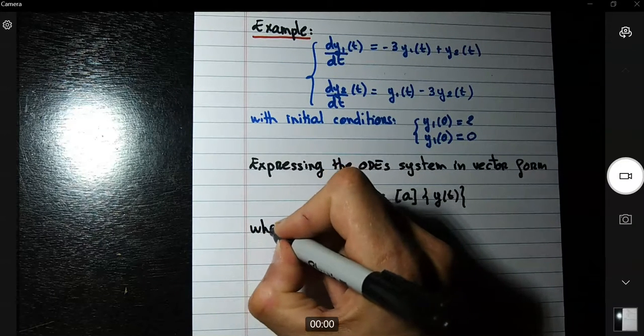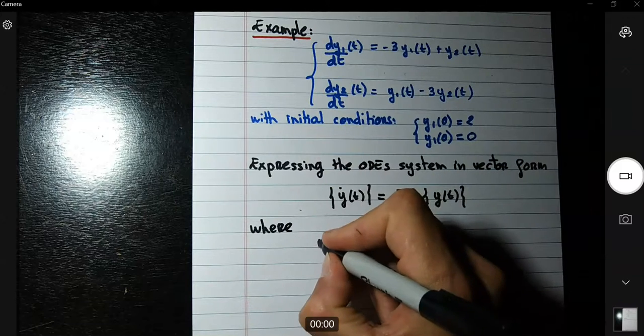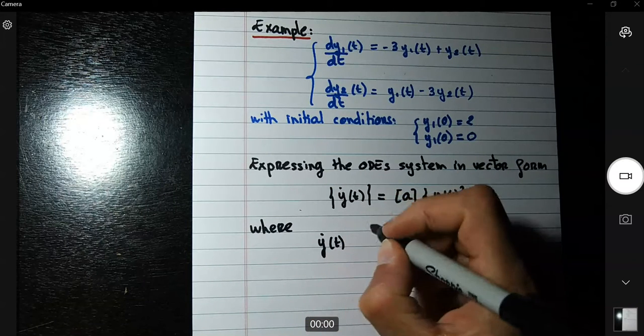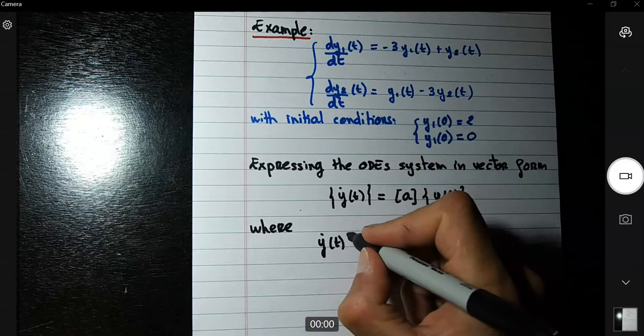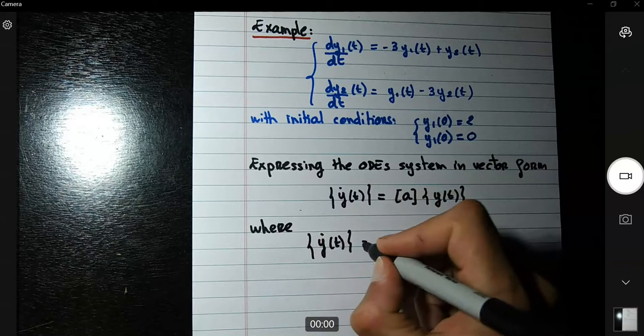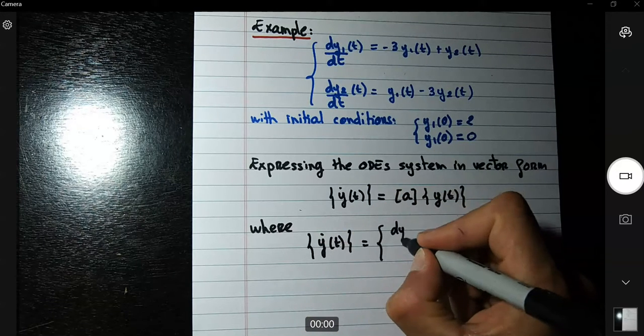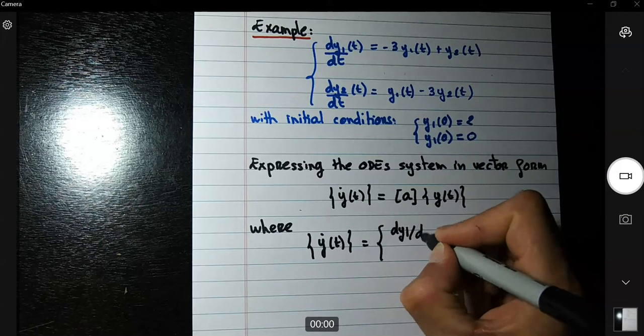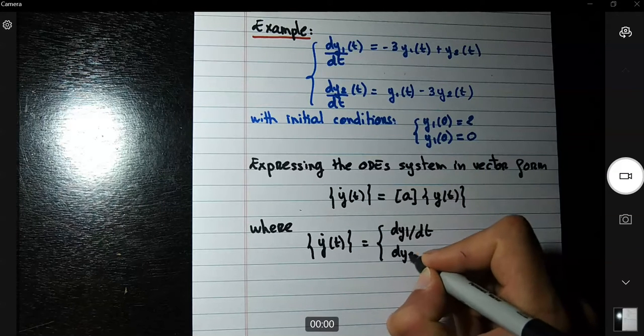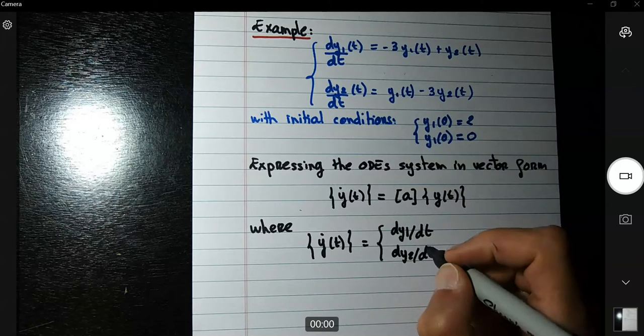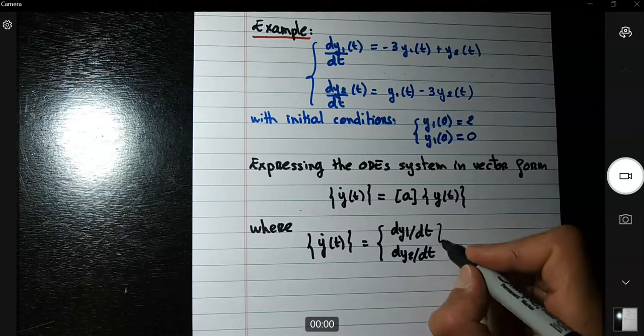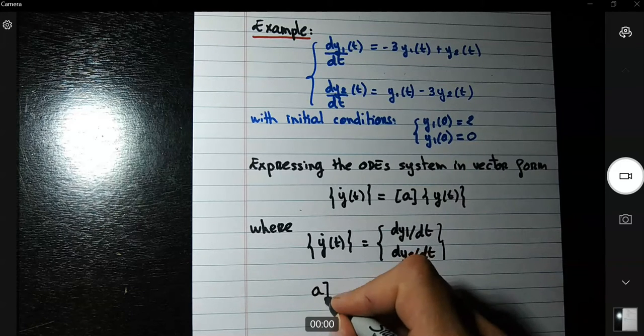Where y(t) in this case is the vector with dy1/dt and dy2/dt. A would be the important matrix over here.